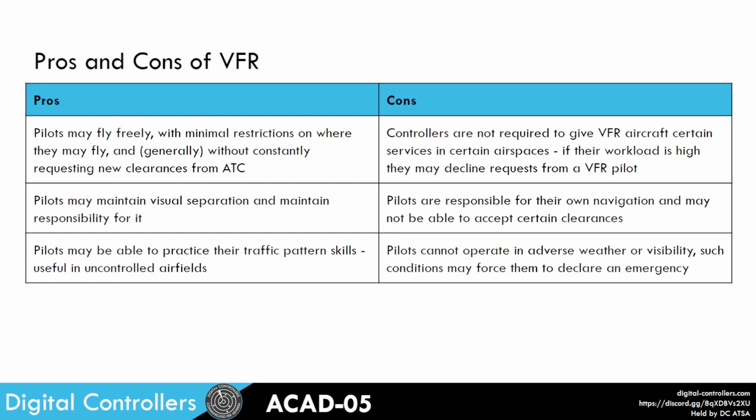Let's have a quick think about the different pros and cons of VFR. The biggest pro is that pilots can fly fairly freely with minimal restrictions on where they can fly, and generally without constantly having to request new clearances from air traffic control.